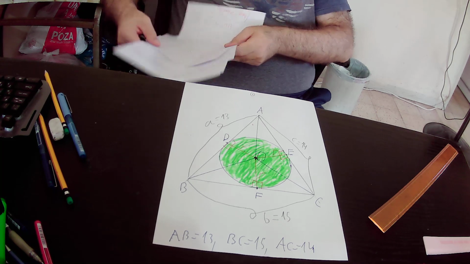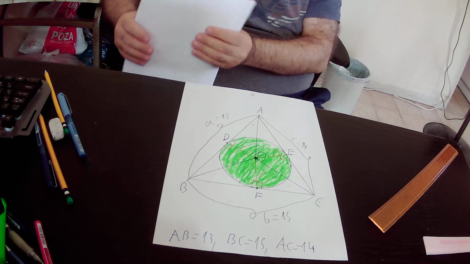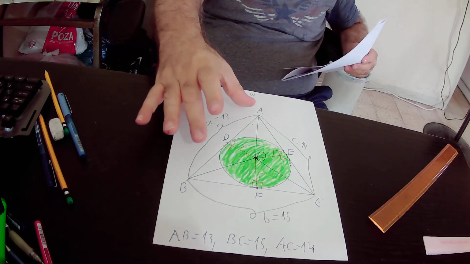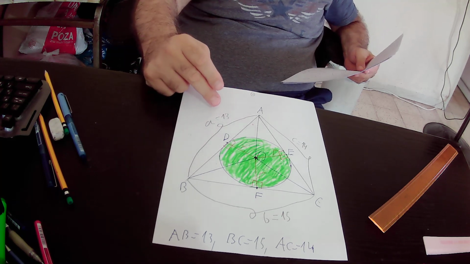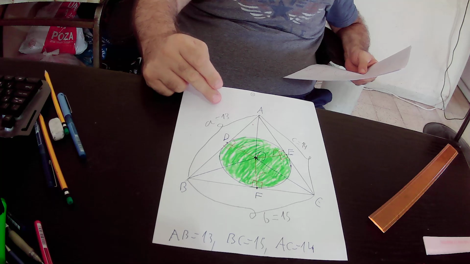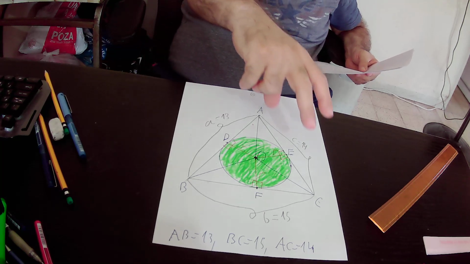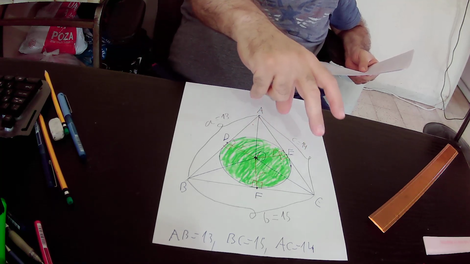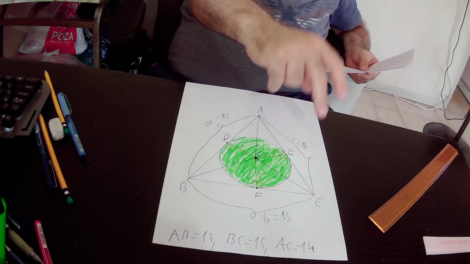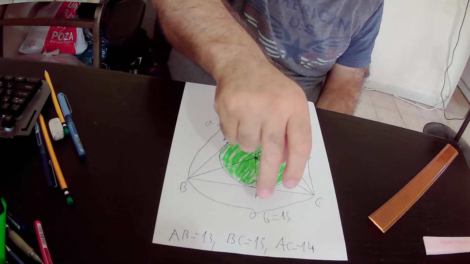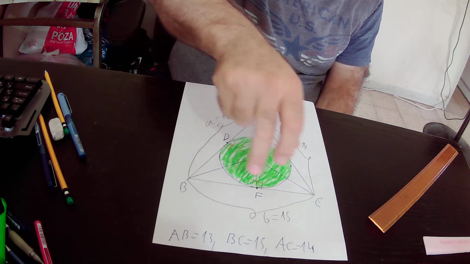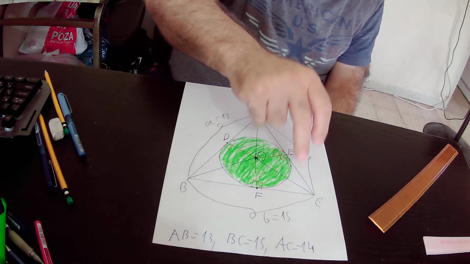Actually, we defined AB as A, that is to say AB equals A and A equals 13 units. We defined AC as C, that is to say AC equals C, that equals 14 units, and we defined BC as B, that is to say BC equals B, B equals 15 units.